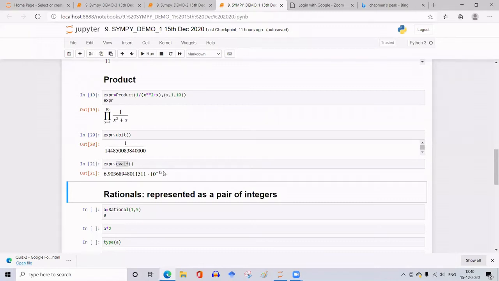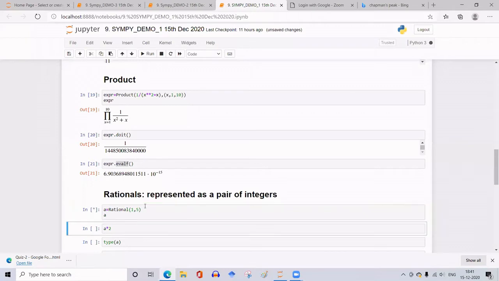Okay. So next, suppose I want to represent a rational number, that is 1 over 5. That I can do by calling this function Rational with R capital, and then give the numbers, the numerator first and the denominator next. See here, I am taking a is equal to Rational(1, 5), which I must get 1 over 5.